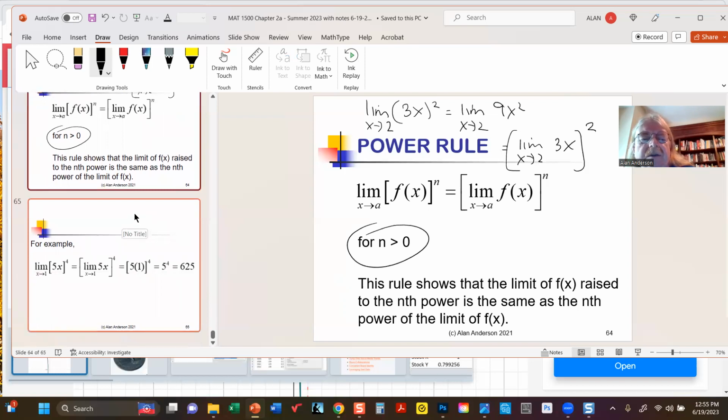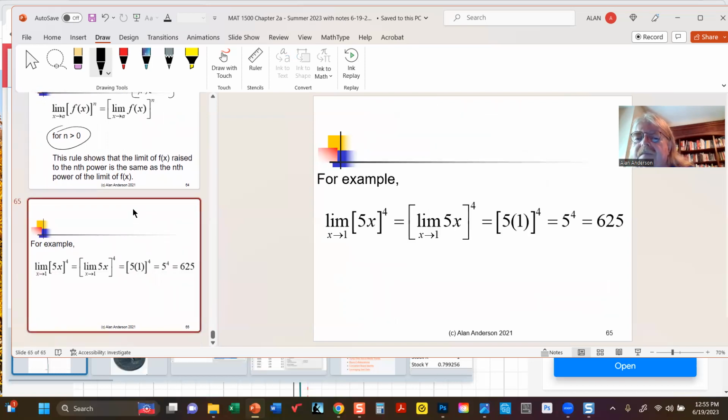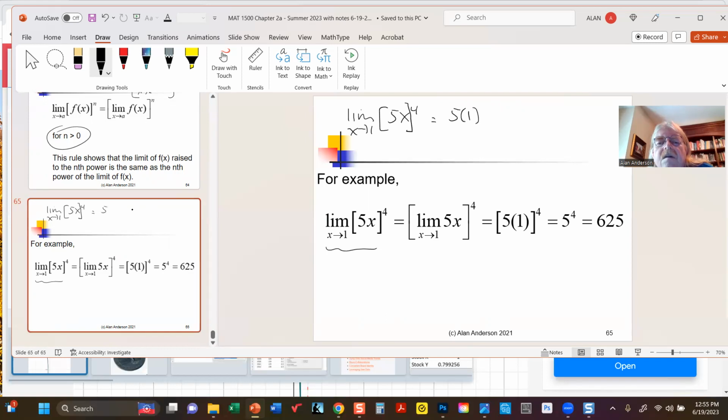Like, here's an example. We have this one. Now, here's what we're going to do. Let's do it two different ways. First, let's just leave it like this. And then let's use this approach.